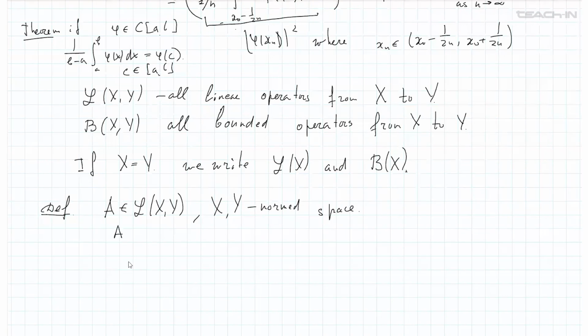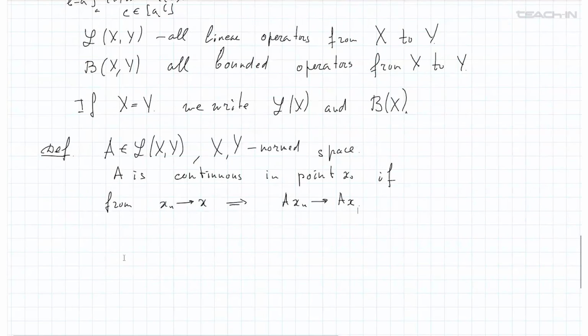A is continuous at a point x0 if x_n tends to x0 implies that A x_n tends to A x0.